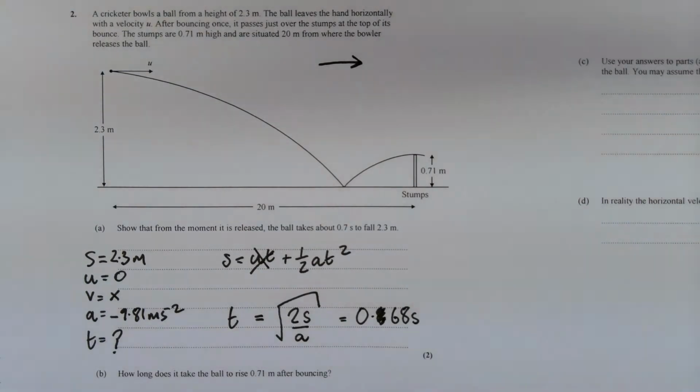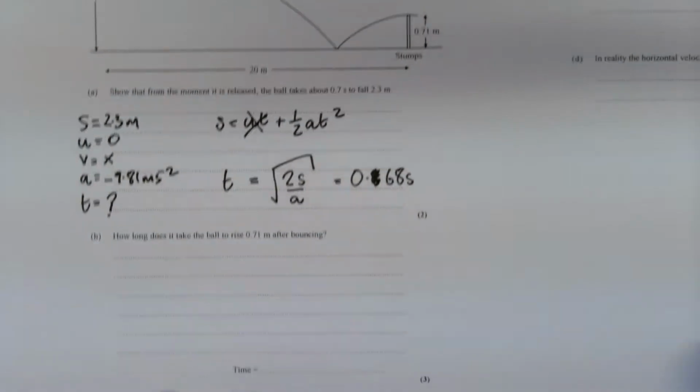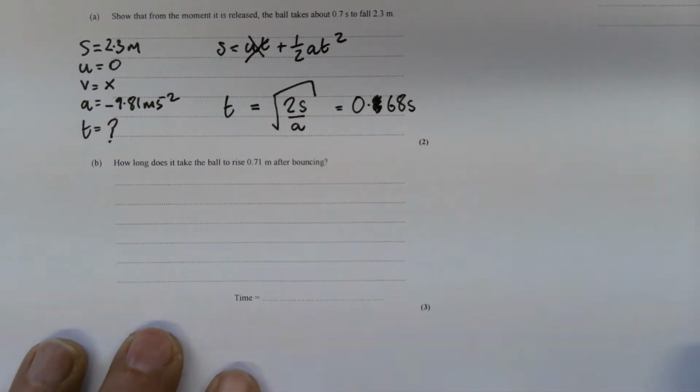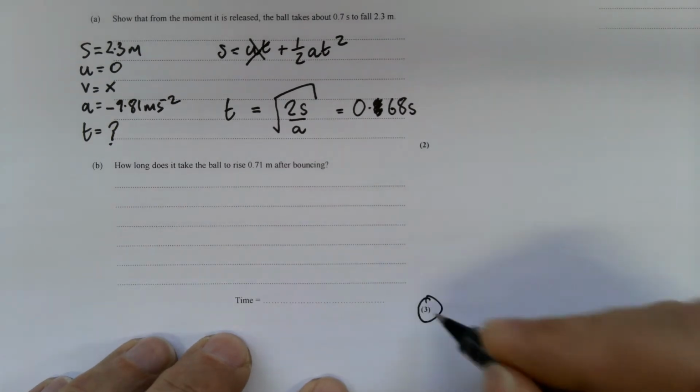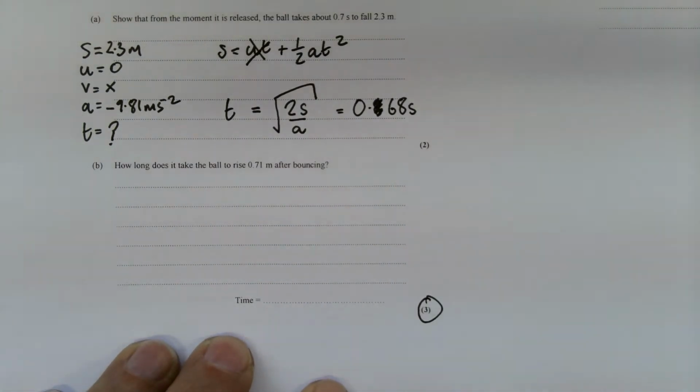Next one is working out the time to rise. They've put this as being worth 3 marks, so it's a little bit more challenging.